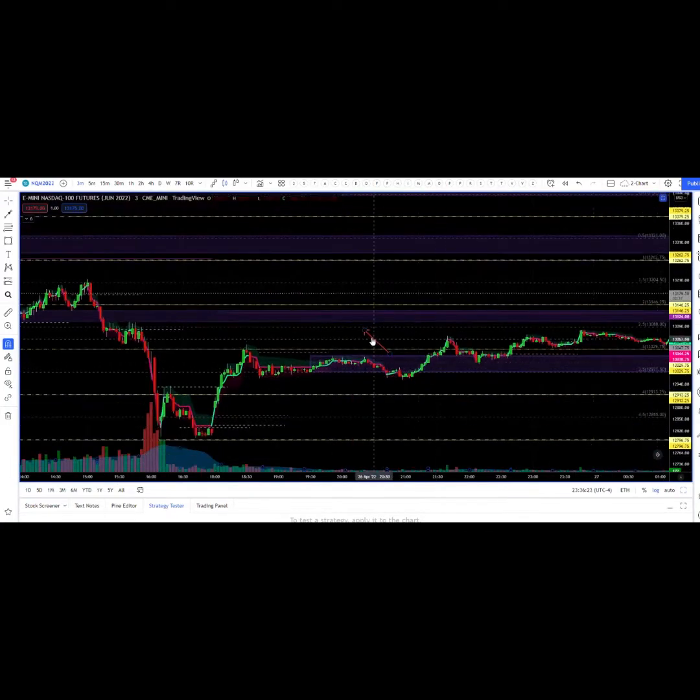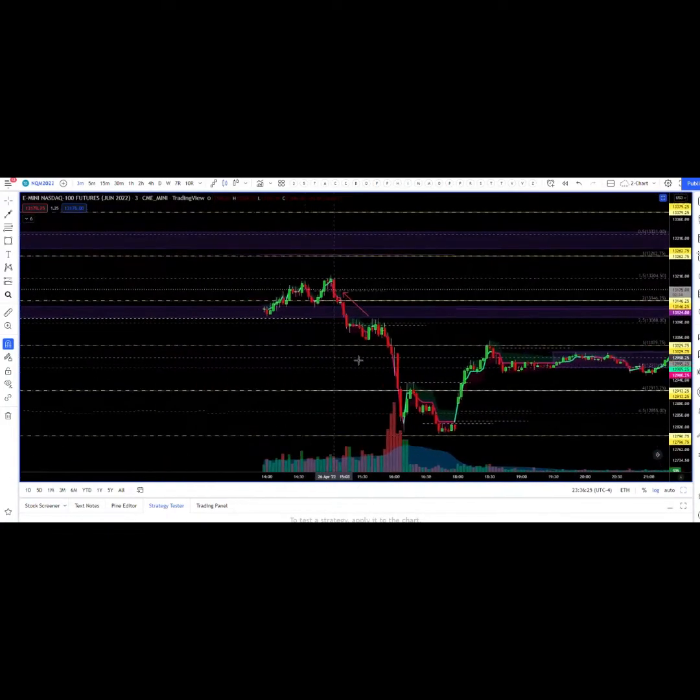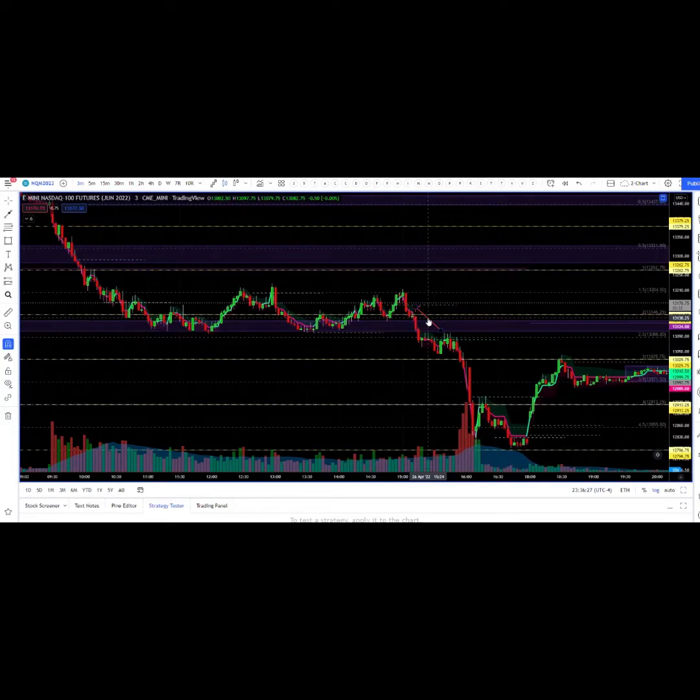What we're going to look at here, first at least, is the regular candlestick chart.